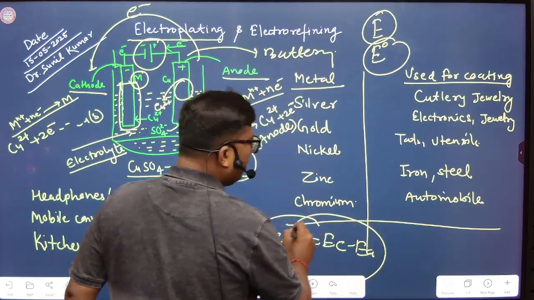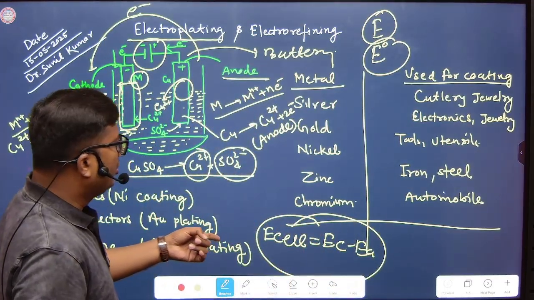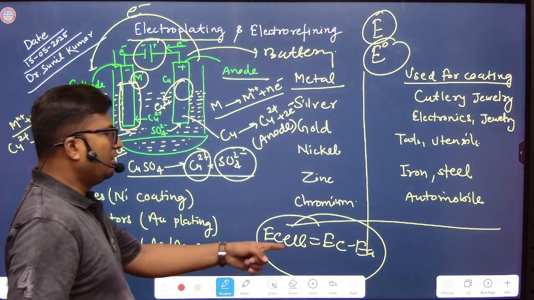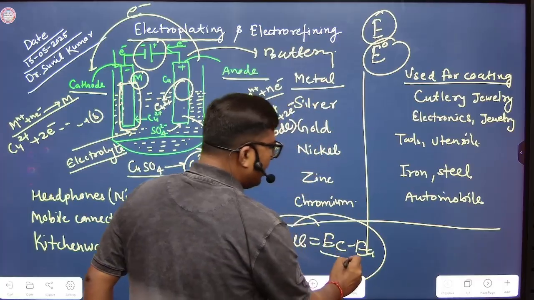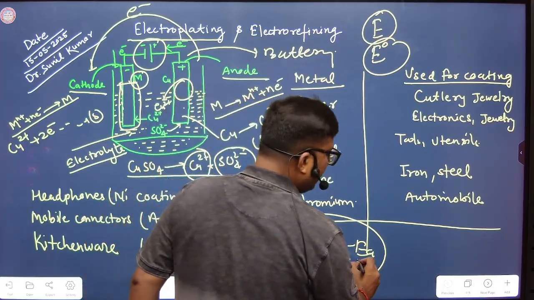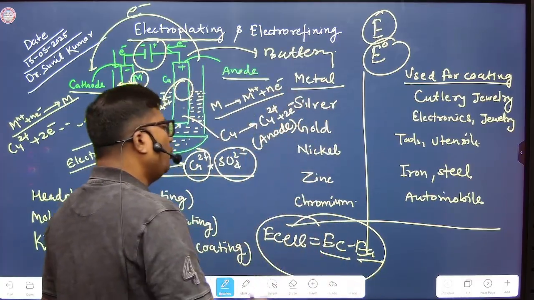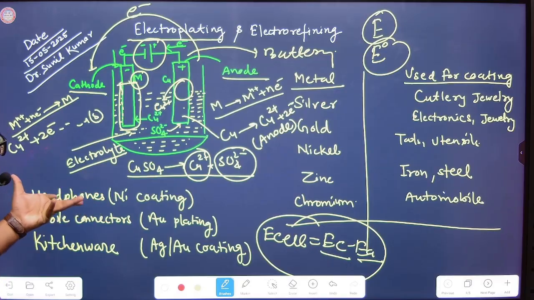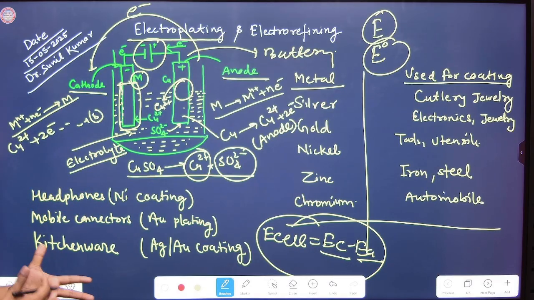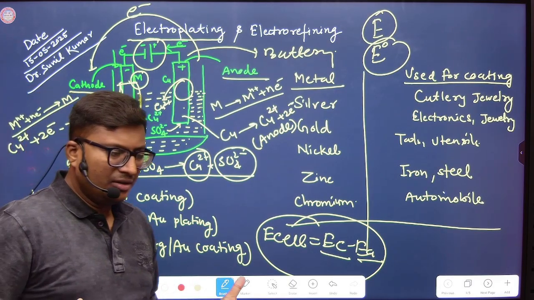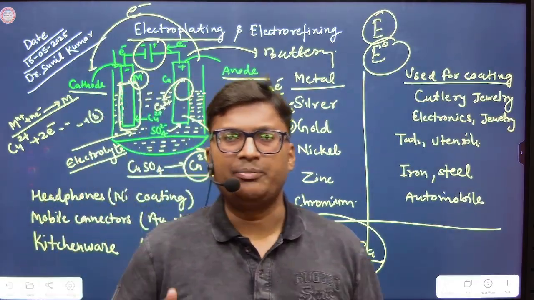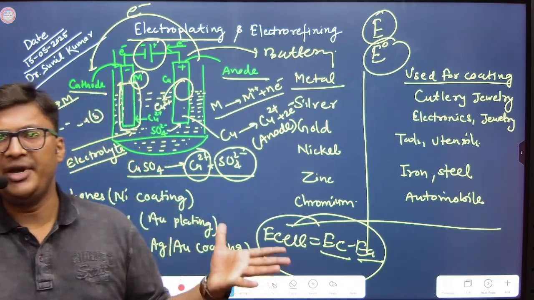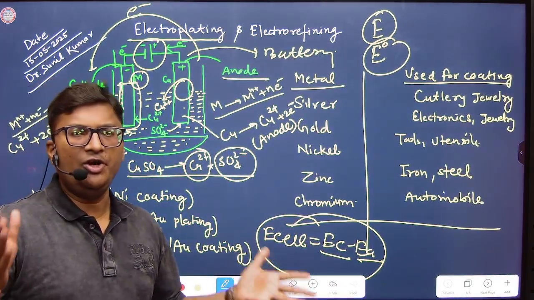So this is the electrode potential of the cell, that is, standard reduction potential of the cathode minus standard reduction potential of the anode, right? So this is the process by which any other metal can be coated or deposited by another metal from the anode.